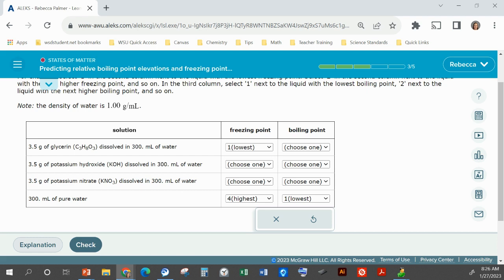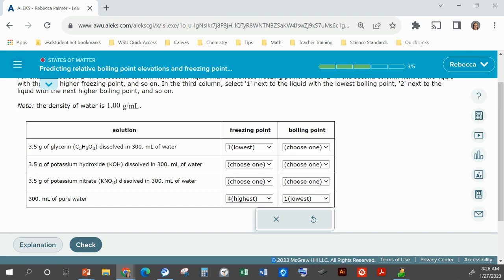And then number 1 will also have the highest boiling point for the solution, and this will also have the largest molality. Okay, does that make sense? So the biggest number is going to have the greatest effect, and then we just rank them.